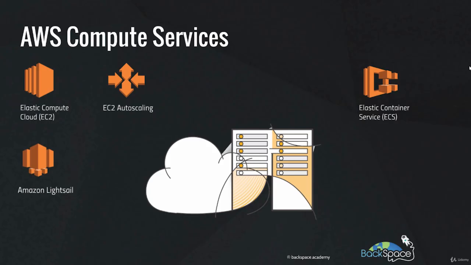The containers will run on a managed cluster of EC2 instances. AWS Lambda is a serverless service and lets you run code in the AWS cloud without having to worry about provisioning or managing that service. You just upload your code and AWS takes care of everything for you.